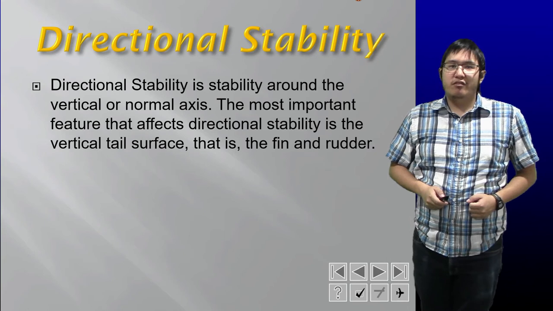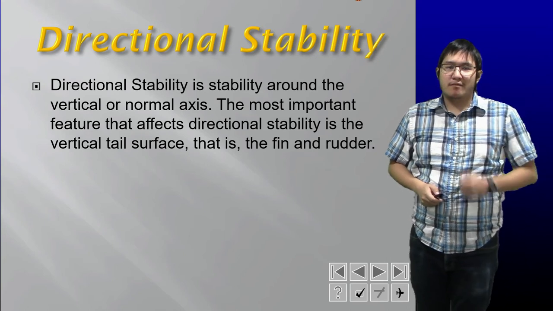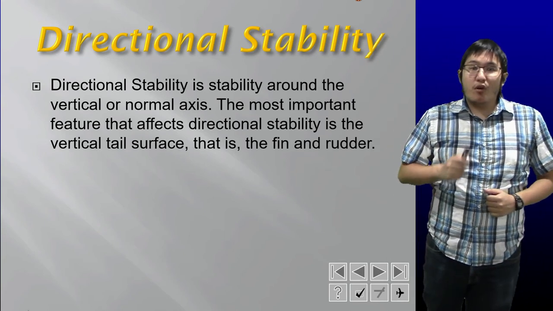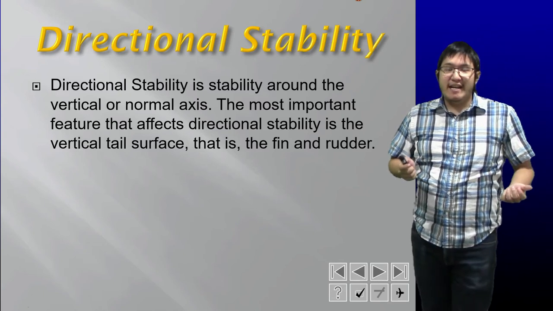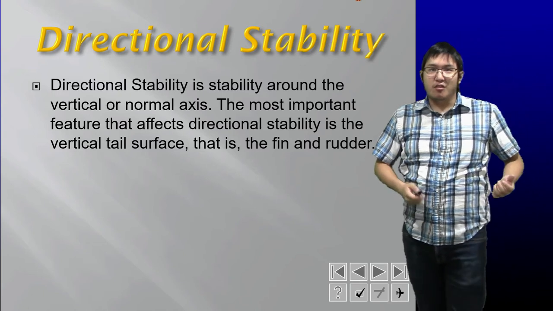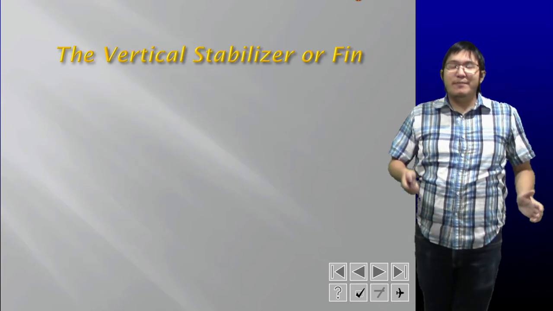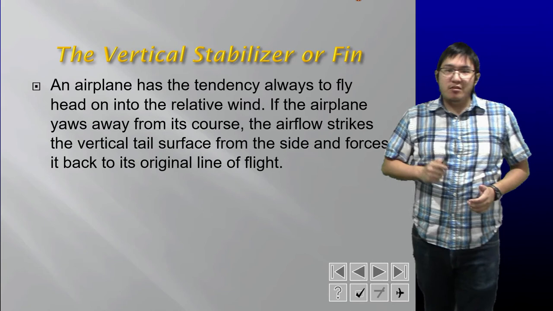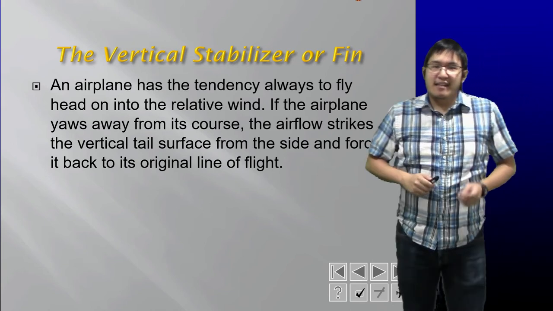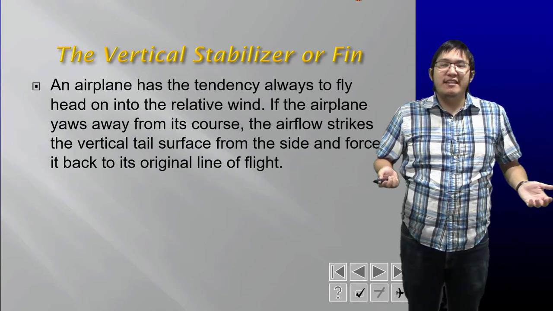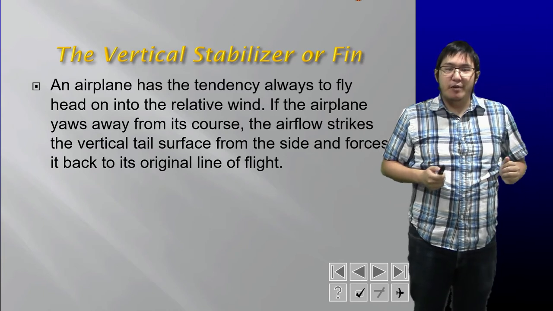The most important feature that affects directional stability is the vertical tail surface, so the fin and the rudder, the vertical stabilizer. When it comes to yaw stability, the airplane always has a tendency to fly head-on to the relative wind.